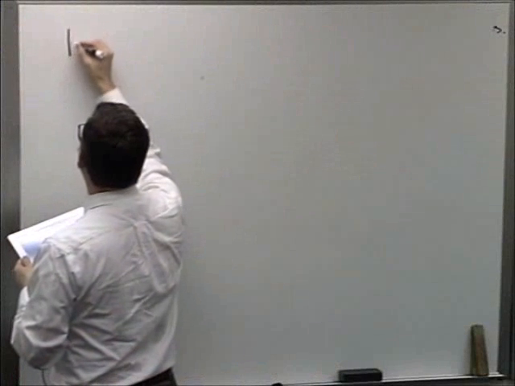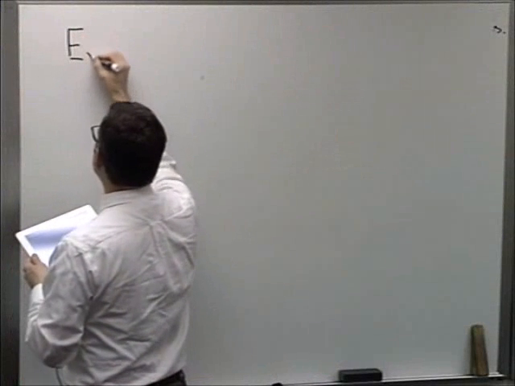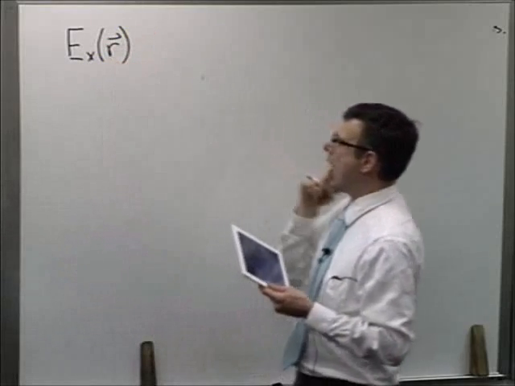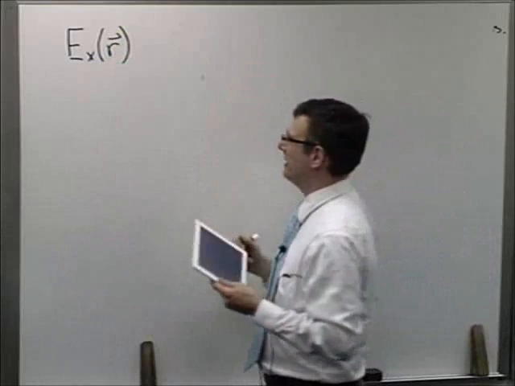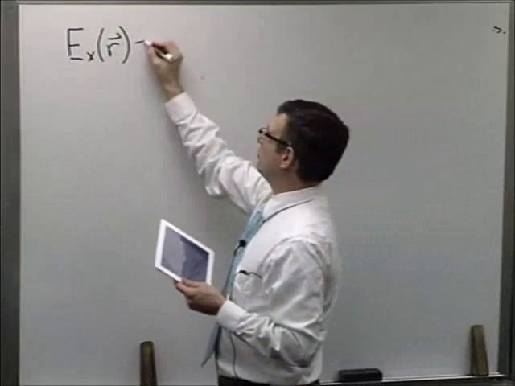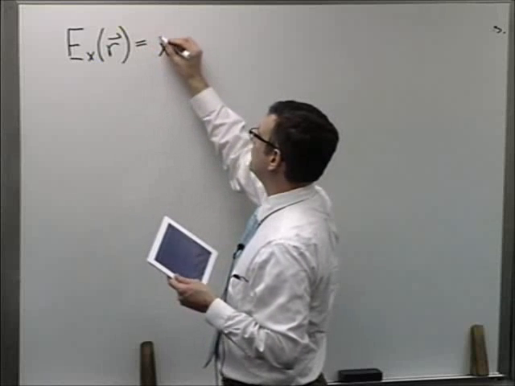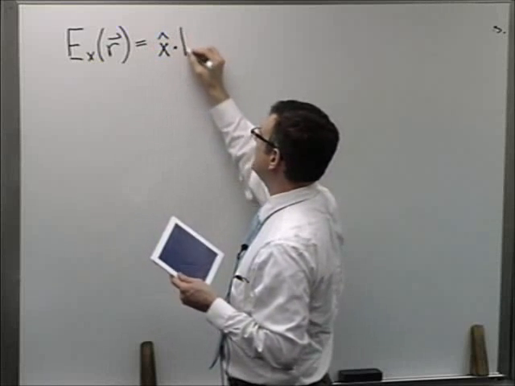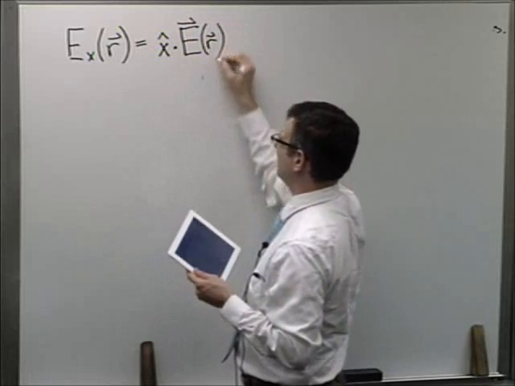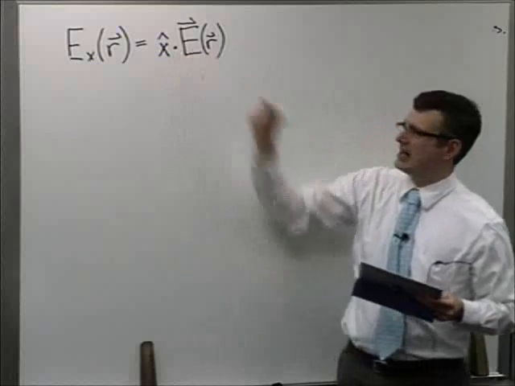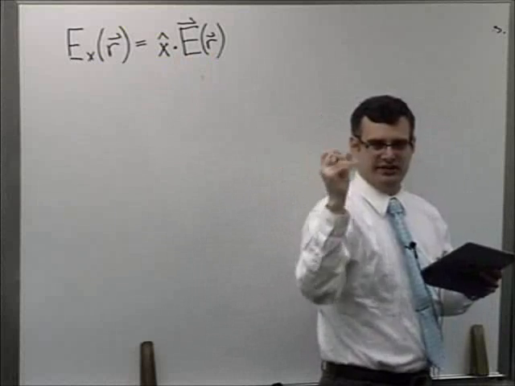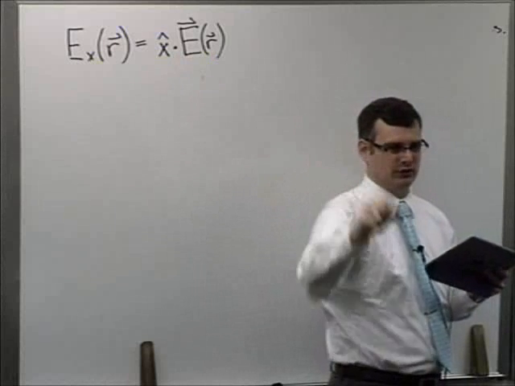So Ex as a function of three-dimensional space, x, y, and z, wrapped up in that nice shorthand notation, r with a vector on it, is equal to x hat dotted into my full vector field expression. That's really, when you take a unit vector and dot it into a vector quantity, you're pulling out the projection in that direction, the magnitude of that vector in that particular direction.